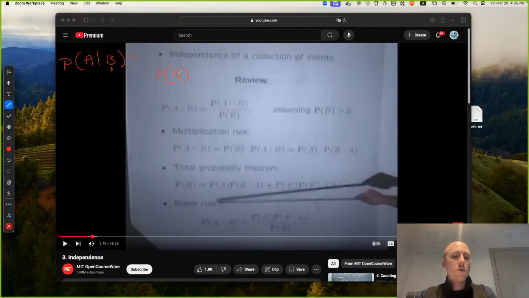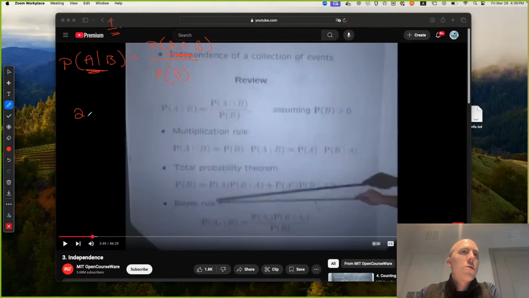So we're in this new universe where just B occurred, and we're just interested in the part of A that overlaps with B. So step one is that you've got to relate a conditional to an intersection.